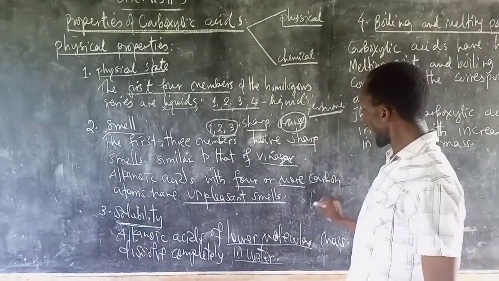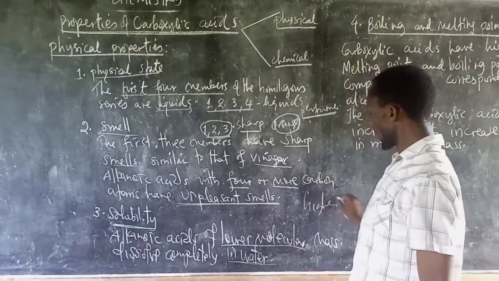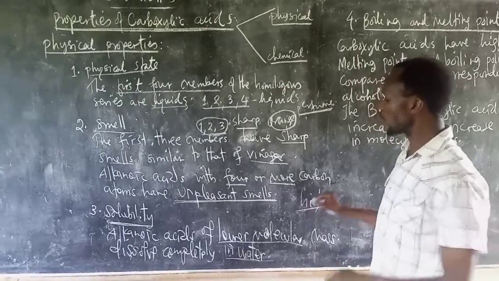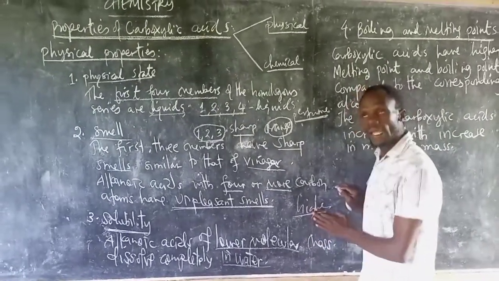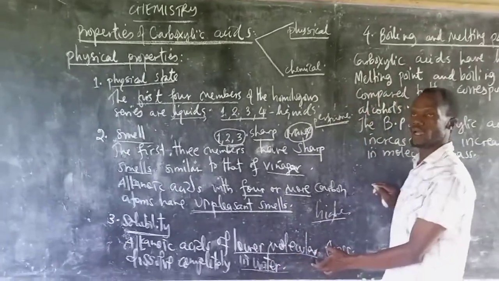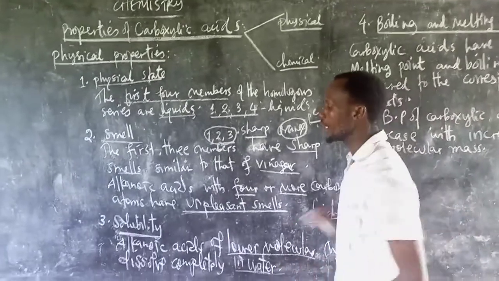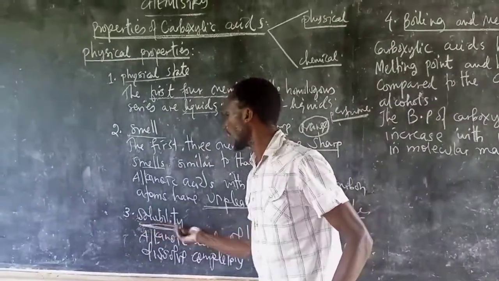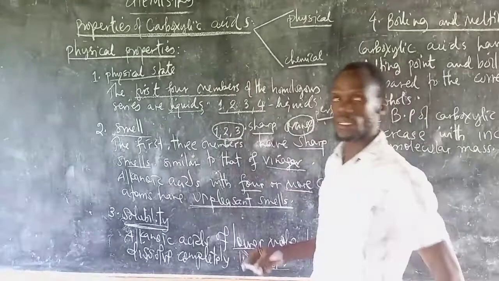For those with higher molecular mass, they cannot be dissolved completely. They are partially dissolved into water. So that is all about solubility of carboxylic acids.